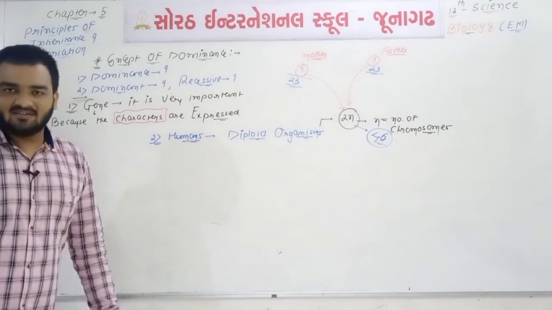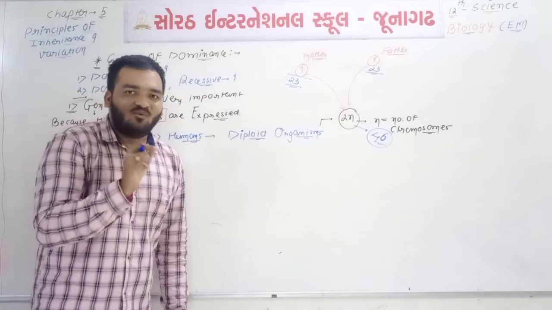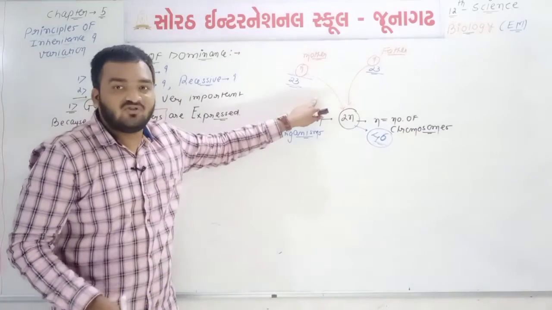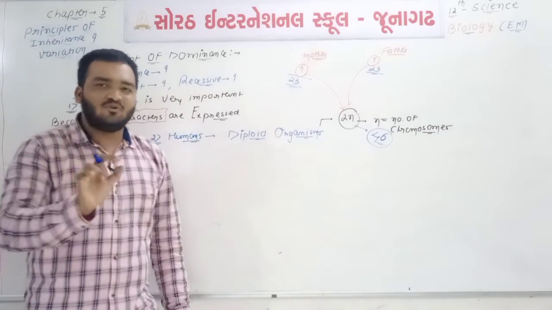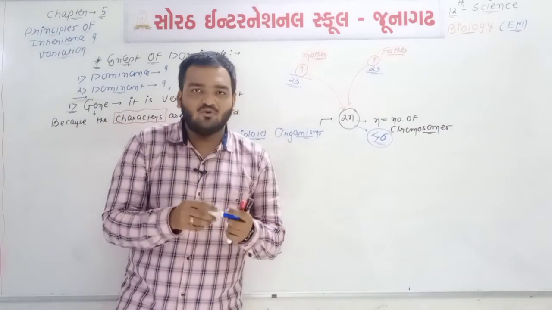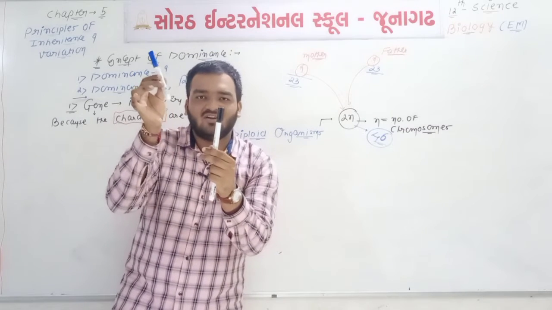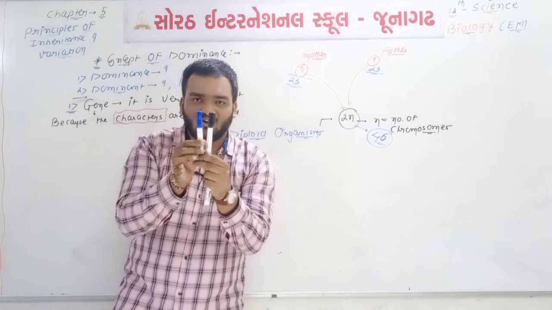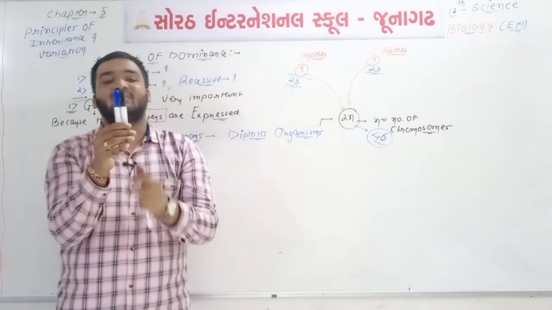So we all humans are diploid organisms. It means we get one gene from the mother and one from the father, so in one pair, this allele or member will come from the mother and that member from the father.